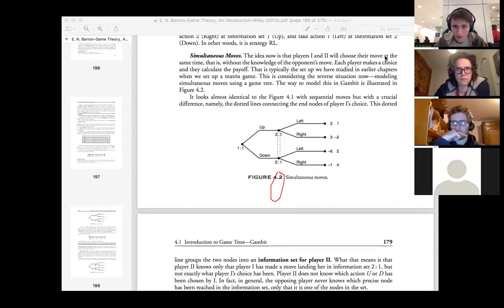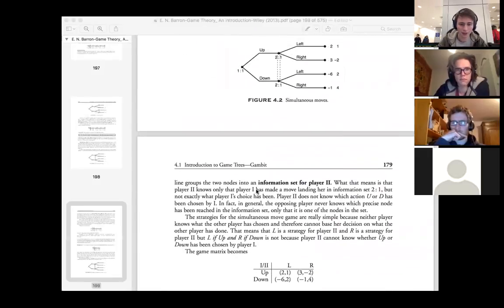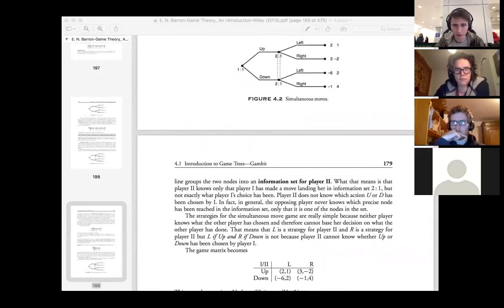So what that does to the actual game matrix is it makes it similar to all the games that we've been doing normally, just like player 1 is choosing something and player 2 chooses something, and they don't know, they're just choosing simultaneously, right?